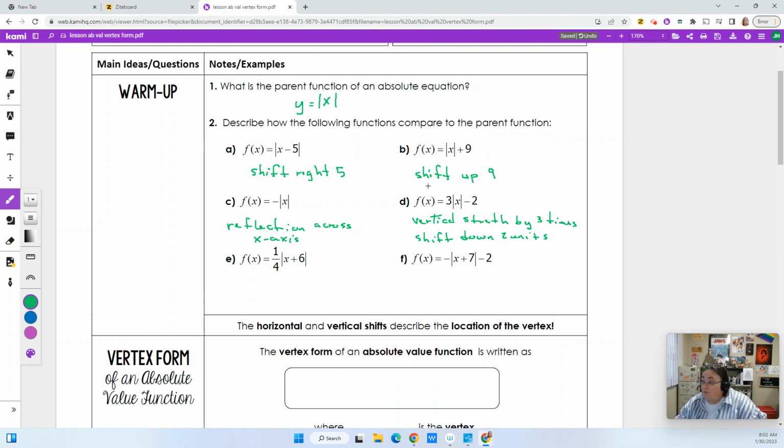Like before, when we had the 3 up here in D, we said that's a vertical stretch. Here it's 1/4, and 1/4 is less than 1. And so this is our vertical compression. This means it's going to grow slower than the actual parent function. The other one means it's going to get vertical faster than the parent function.